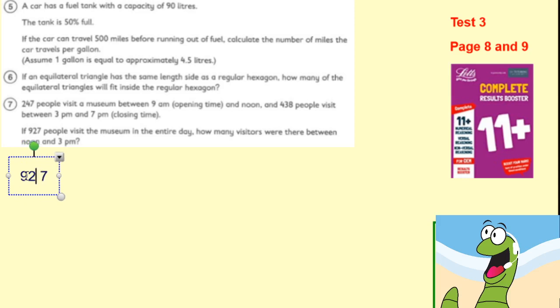And we need to take out. So we need that there, and we need to subtract. So we need to subtract first of all 247, because there are 247 people between 9 and noon, which is midday. So we can have 247.